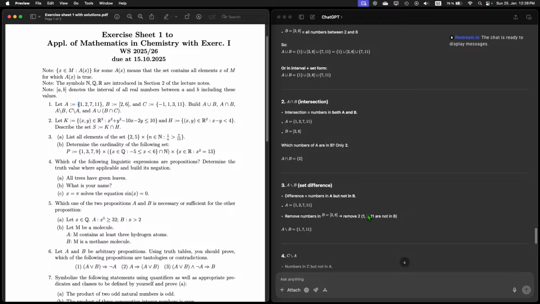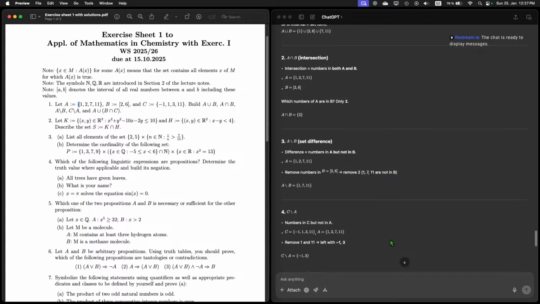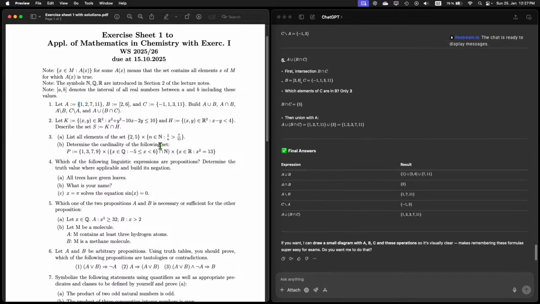Okay, so C set difference A, how's that going to be? Remove the terms seen in A from C. Minus 1, 3. Yep, that's correct.